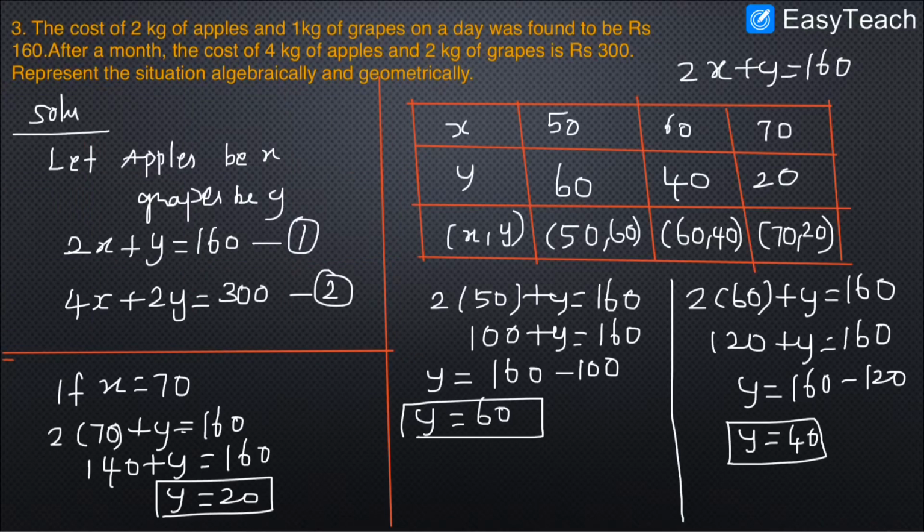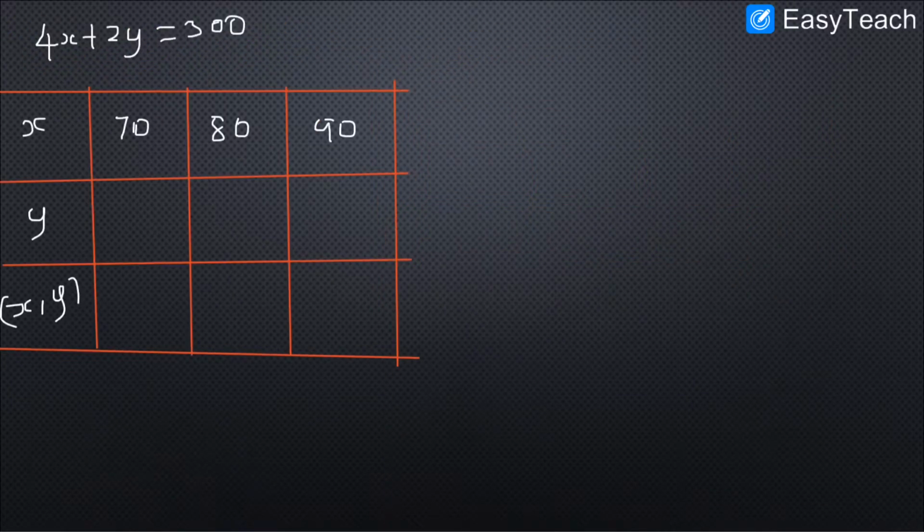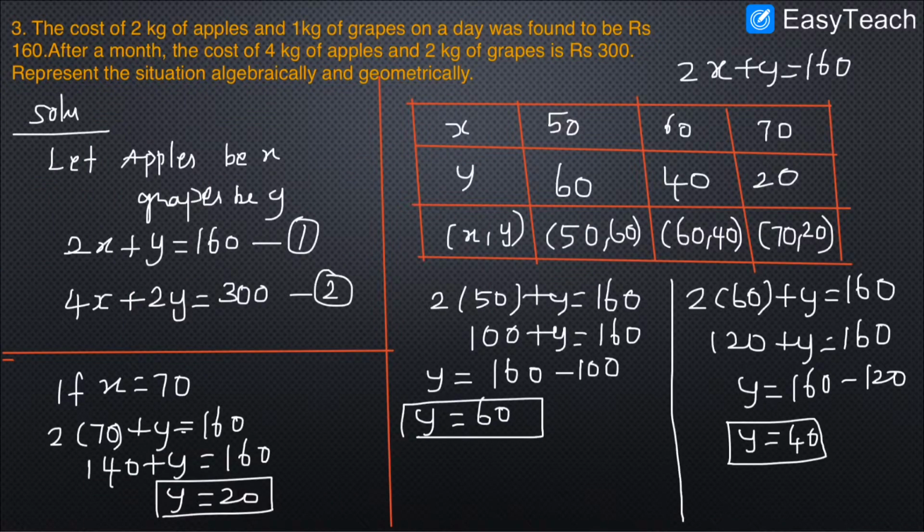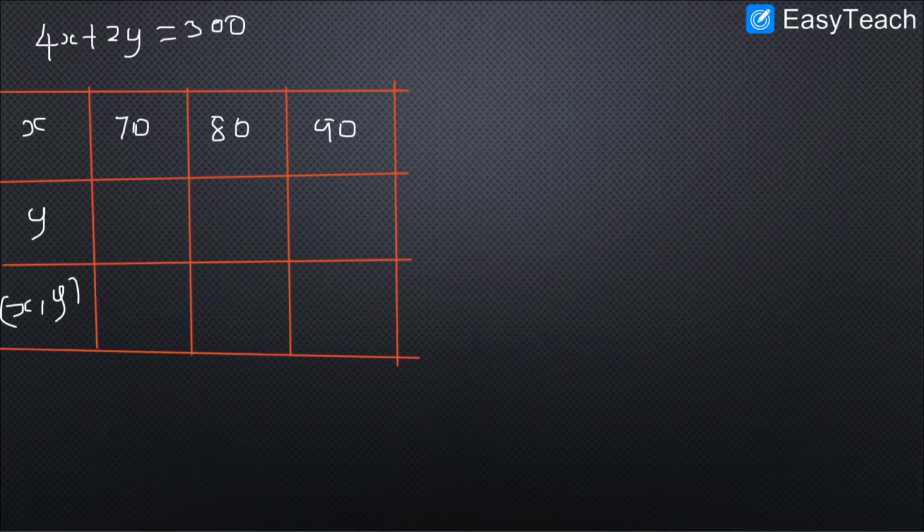For the last equation we took everything in positive values, 50, 60, 70, not negative values. So I want to take the same positive values for this equation also. But anything you can take, even negative values also.